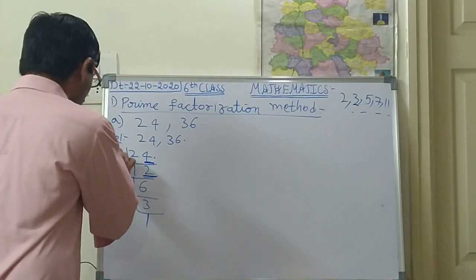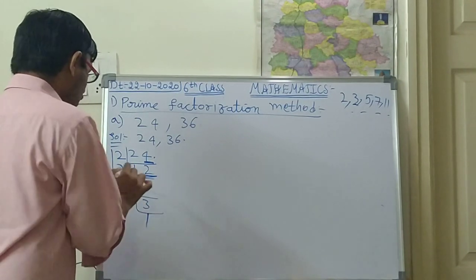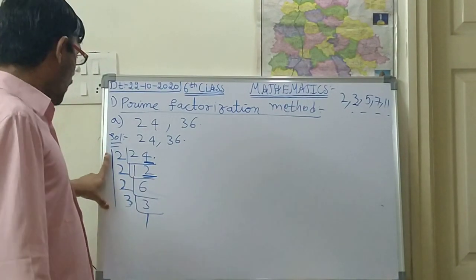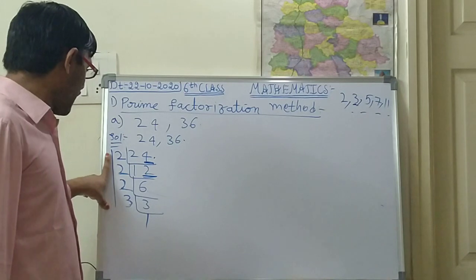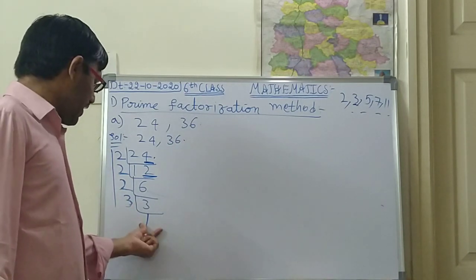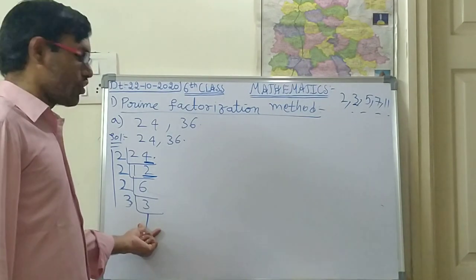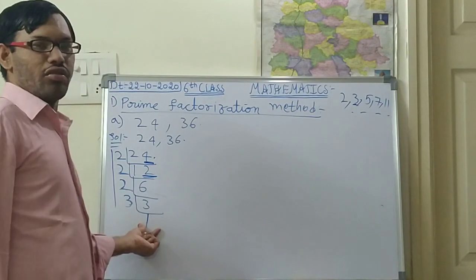Afterwards you should see all these numbers. If all these numbers are prime numbers, then you should stop. All these numbers should be prime numbers only. And at the last, if the result came as 1, then you should stop doing the factorization.